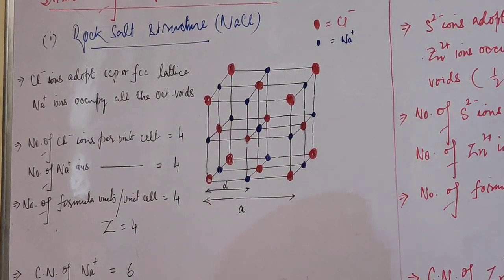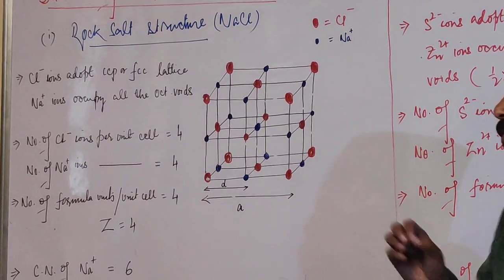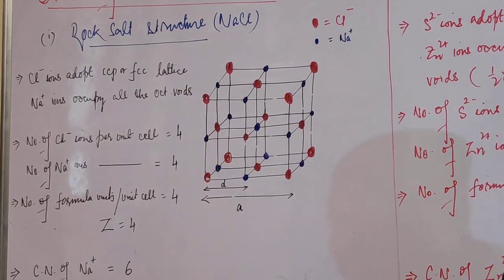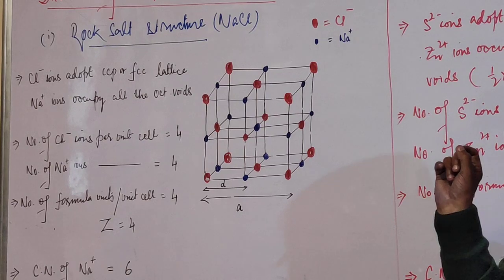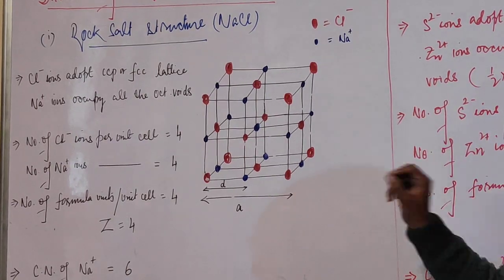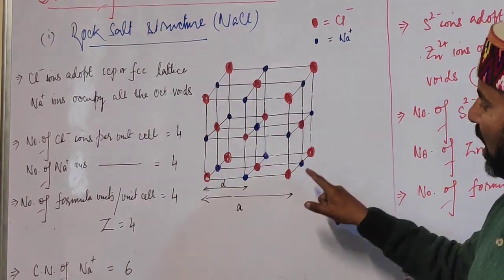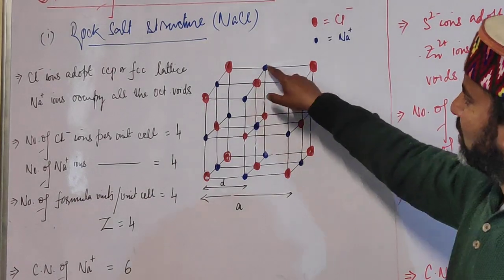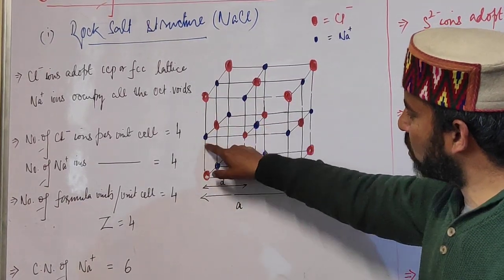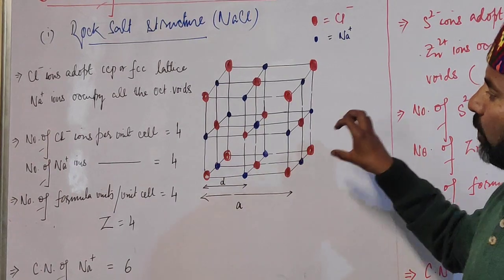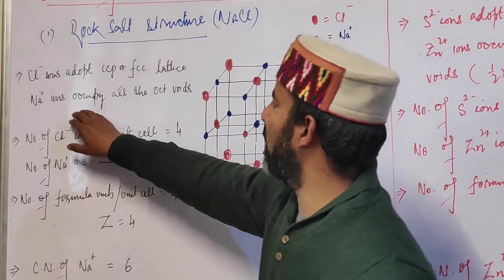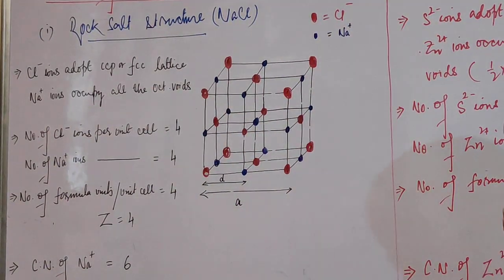Octahedral voids mein. Now students, we know what is the location of an octahedral void? Octahedral void is located at the body center of the cubic unit cell and at the center of edges. So these blue dots are actually the sodium ions present in octahedral voids.